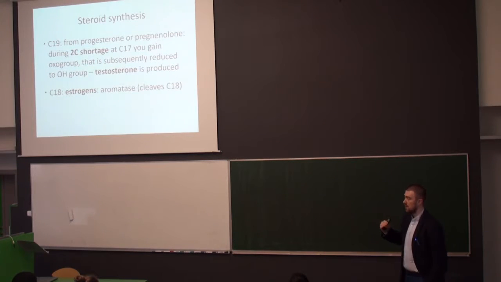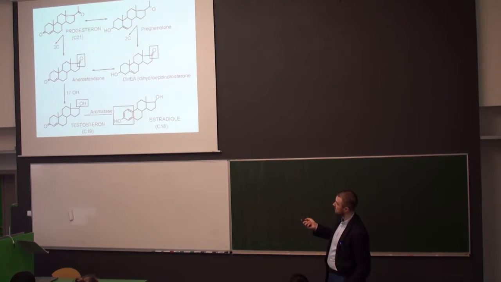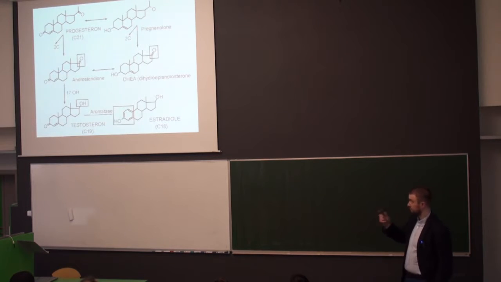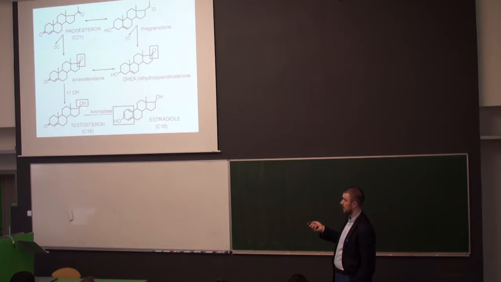When you do this cleavage, you will produce the keto group. If you chop this side chain by the lyase with pregnenolone or progesterone, here you will produce the keto group. And if you want to produce the fully active and main male androgen, that means testosterone, you must reduce this keto group to hydroxy group.